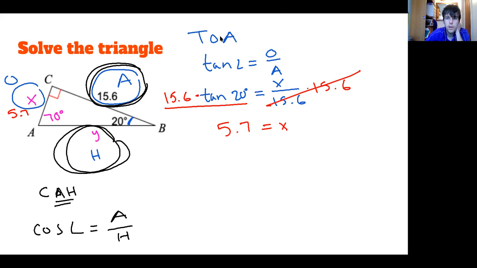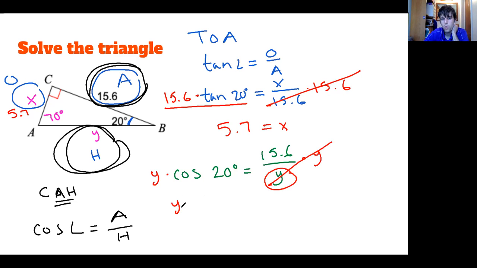All right, so I'm going to go ahead and do this. Substitute in the numbers that I know. So I have the cosine of 20 degrees is equal to adjacent, which is 15.6 divided by the hypotenuse, which is y. So this is the, we'll say, harder version where the unknown is in the denominator. We got to get that out of there. So we multiply both sides by y.